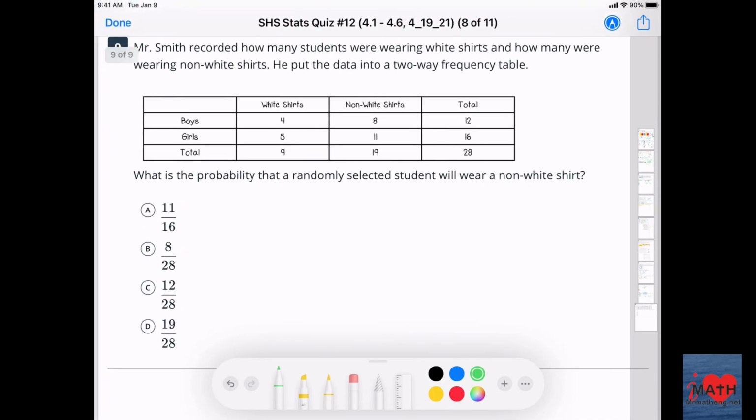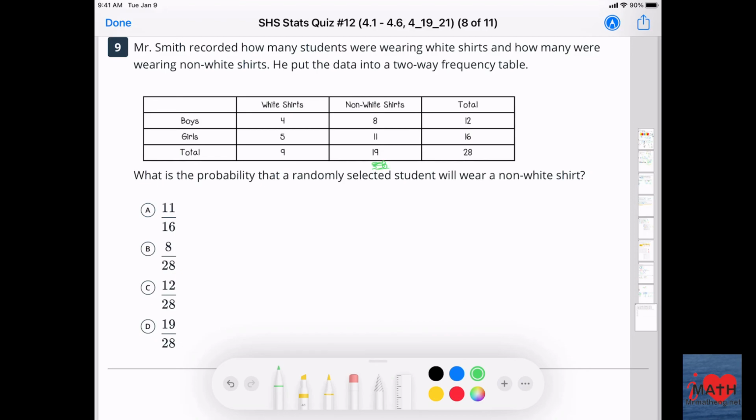Okay, Mr. Smith recorded how many students were wearing white shirts and how many were wearing non-white shirts. He put the data into a two-way frequency table. What is the probability that a randomly selected student will wear a non-white shirt? Okay, so we don't have any adding here. We have a total of 38. Oh, sorry, they already added it for us.